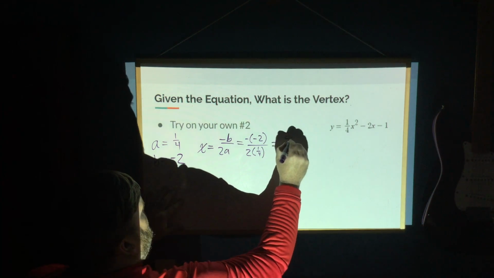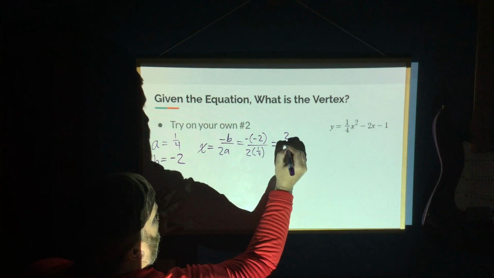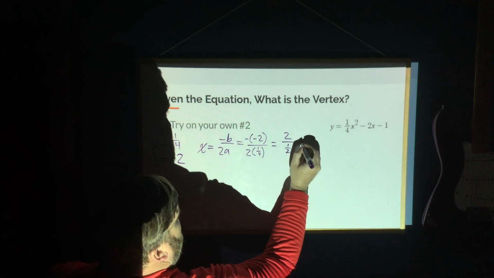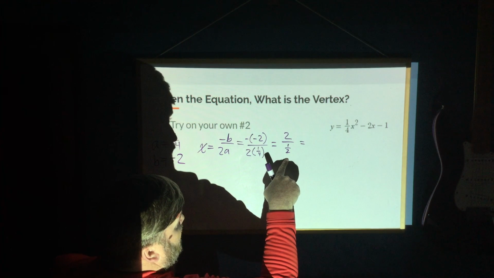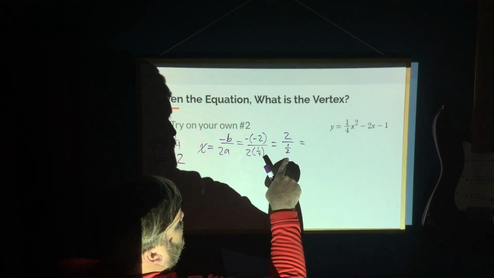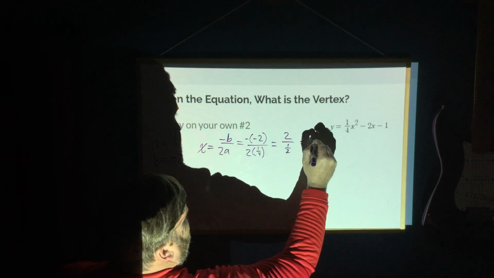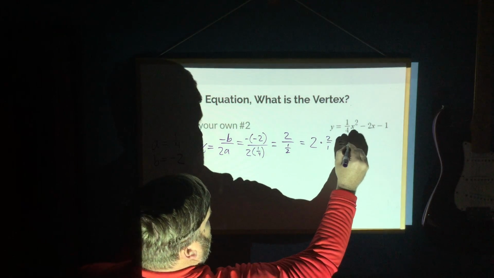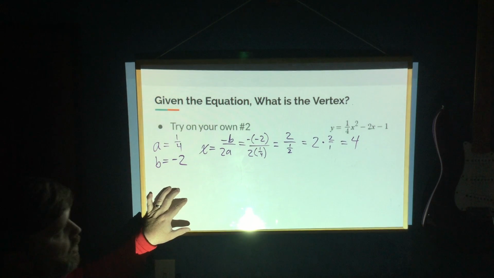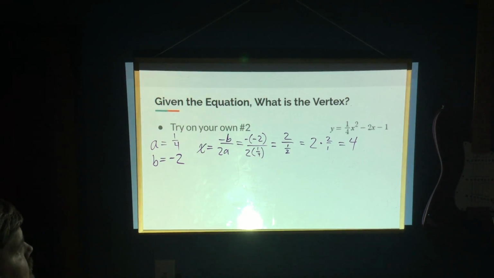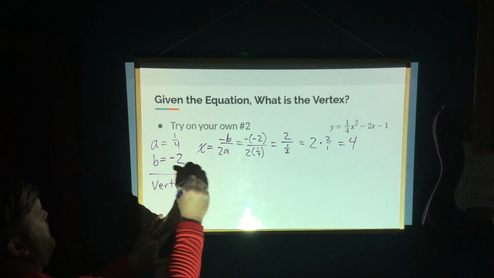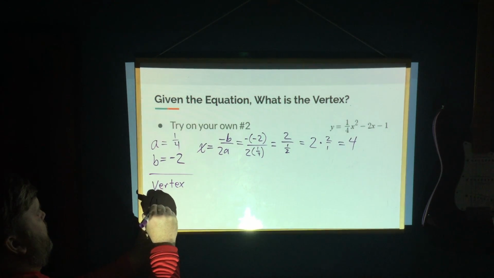So that's +2 over 1/2, which would be, when you divide by a fraction, you multiply by the reciprocal. Well, the reciprocal of 1/2 is 2 over 1, or 2, so we end up getting 4. So that means when we look at our vertex, the x-coordinate is 4.